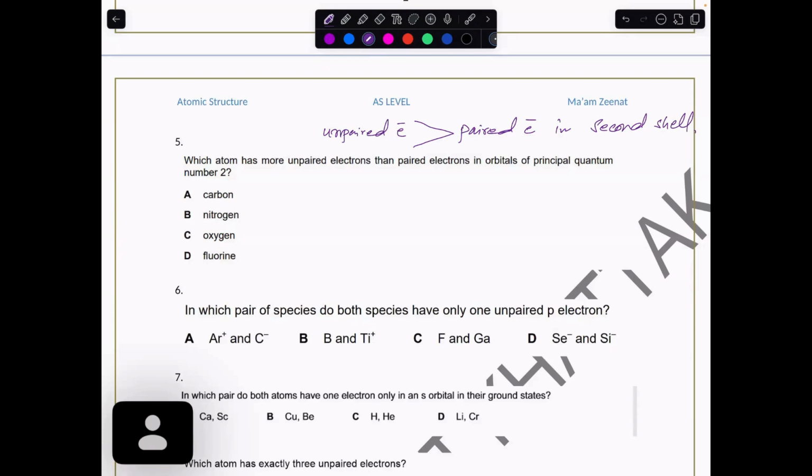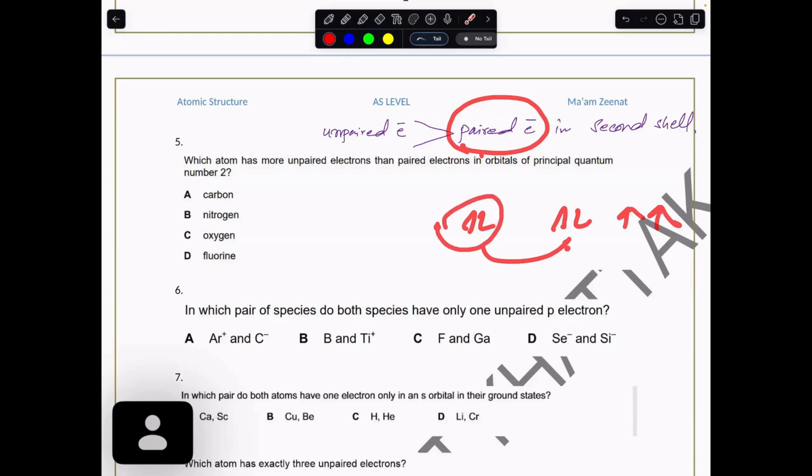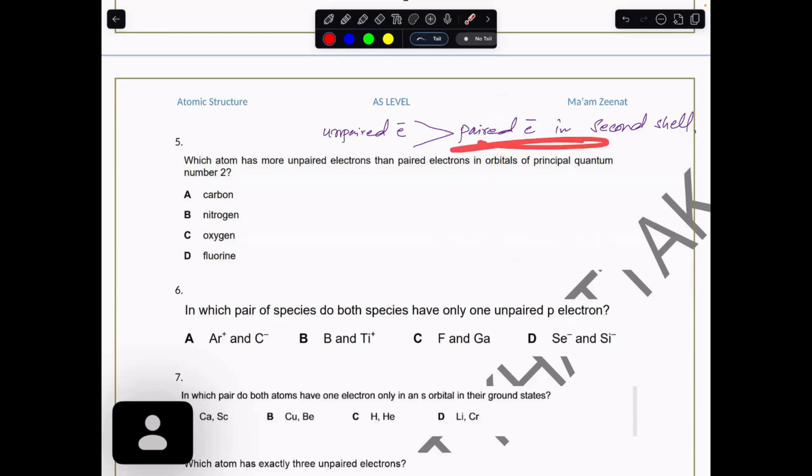Unpaired electrons and paired electrons, not pairs. Like if it is like this, how many pairs? 2 pairs. But how many paired electrons? 4. Pairs are 2, but paired electrons are 4. And the question is about paired electrons being less than the unpaired electrons.